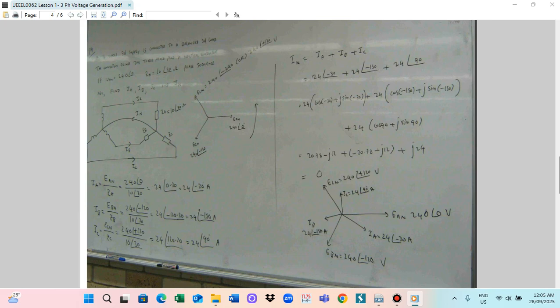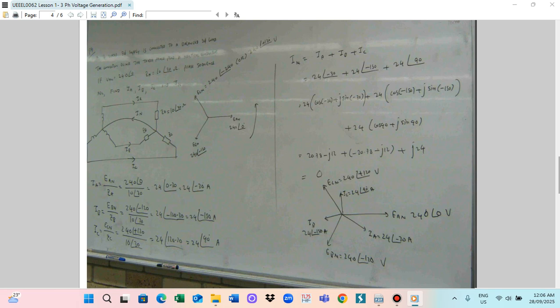And VBN is 240 angle minus 120, so you have to rotate this way, minus 120 degrees. The voltage is 240 angle minus 120 degree volt. This is point N, so this is the VNB, and this is the VBN, 240 angle minus 120.